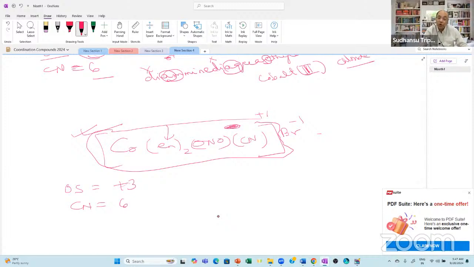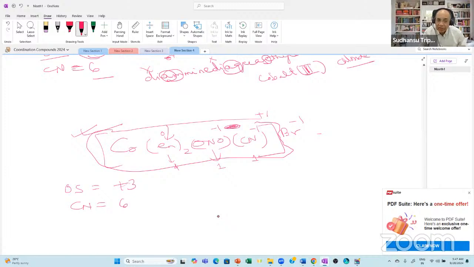So 2 plus 2, 4 will be supplied by 2 ethylene diamine, and 1 nitrito O, 1 plus cyanide 1. Nitrite is an anionic ligand with -1 charge, and cyanide is an anionic ligand with -1 charge. Ethylene diamine is a neutral ligand.